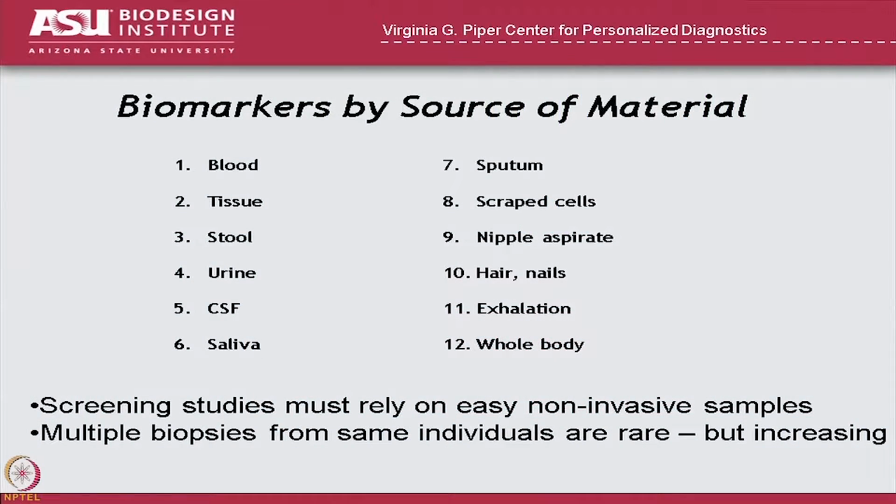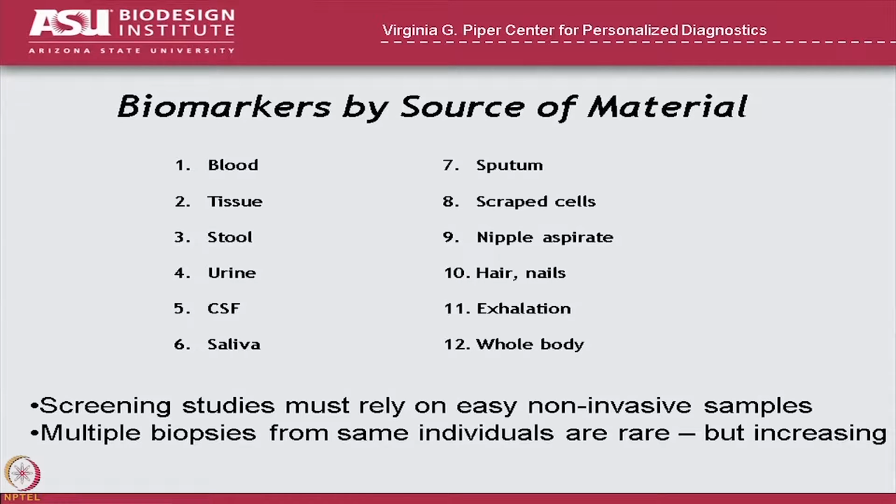Okay, so I mentioned that you can look for biomarkers based on the source of material. These are just some of the types of materials that you could use to get biomarkers from. Certainly, blood is a popular one. Sputum is good. Urine is good. Tissue, really only in the case of cancer.